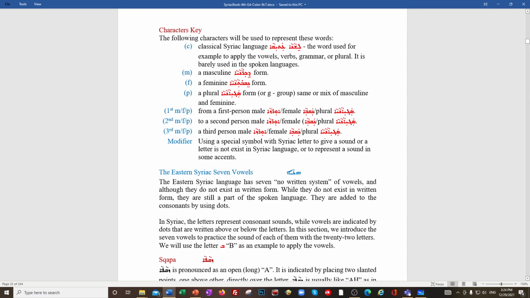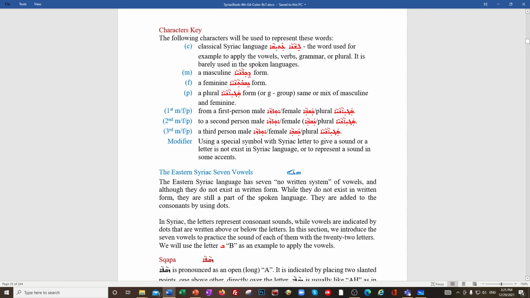If you're going to see something like first, second, third, MFP, that means, for example, first person male, female, and plural. The same for the second person male, female, plural.